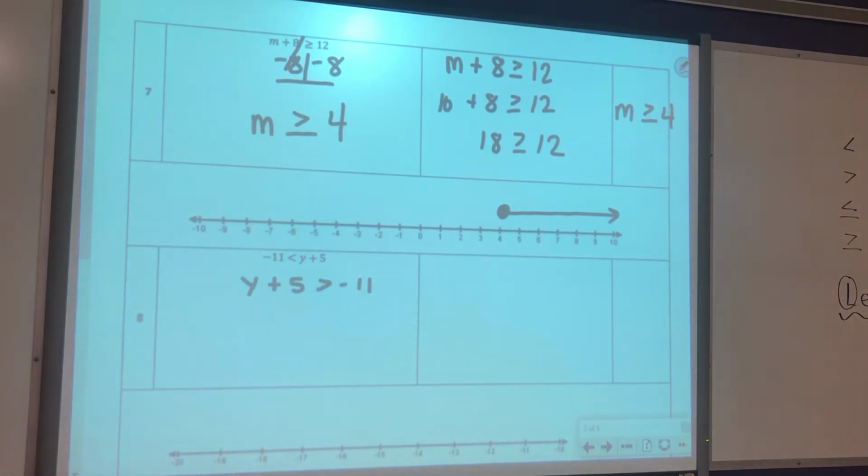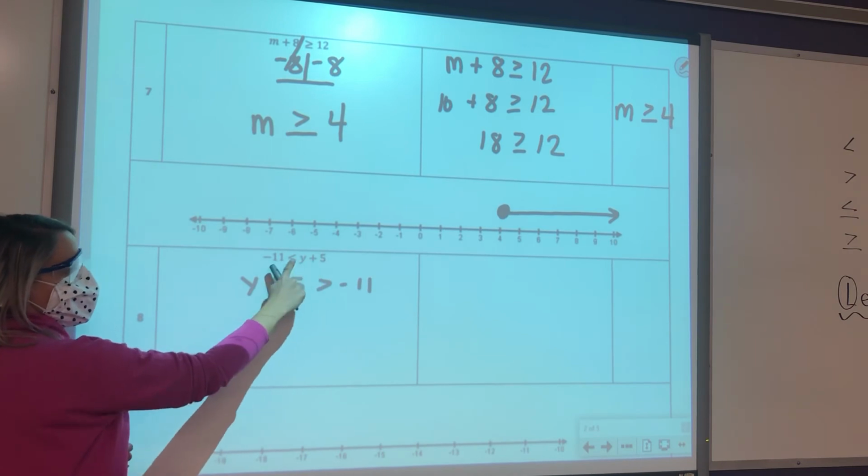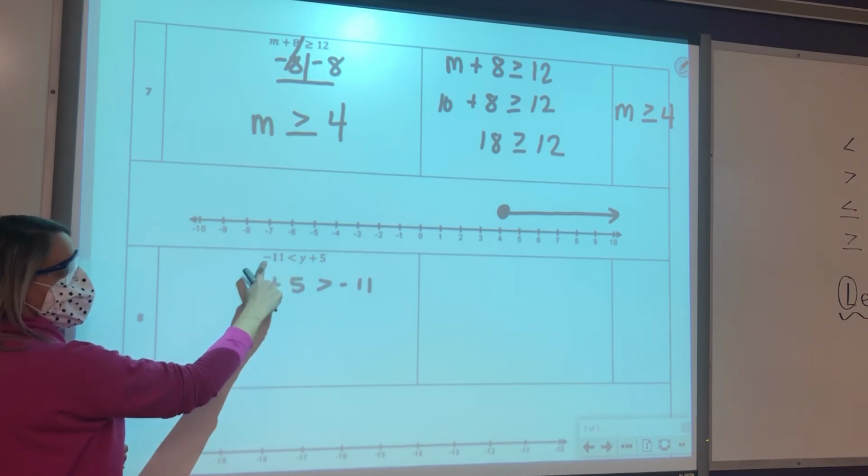What happened? You flip-flop the sign. My sign flipped. Now, a good habit to get into is to always read the variable expression first. So y plus 5 is greater than negative 11.